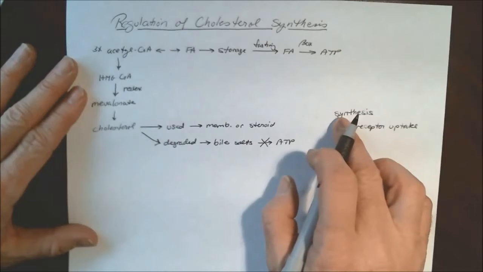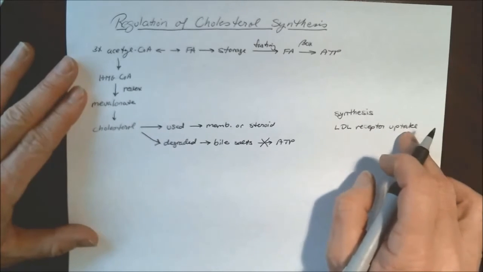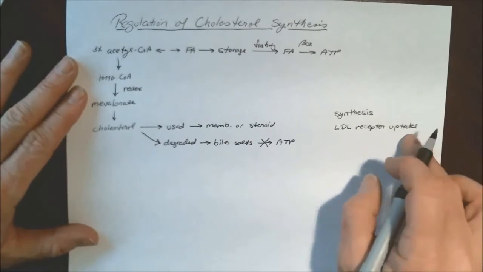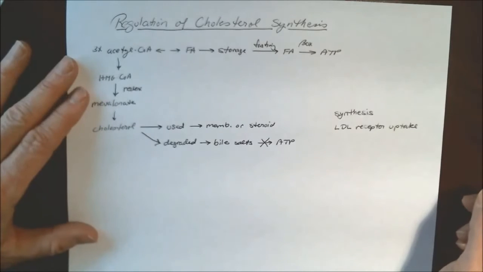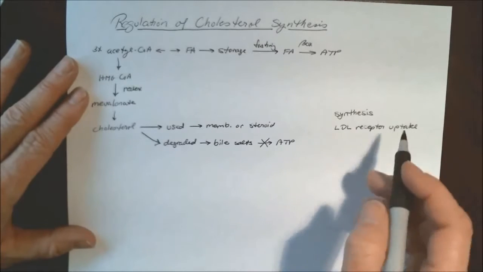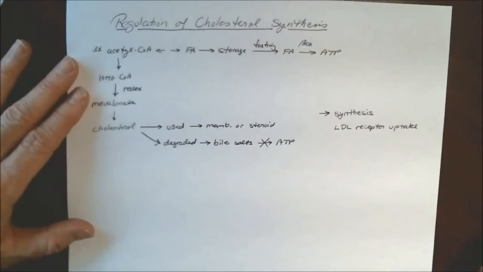So synthesis is biosynthesis. LDL receptor uptake is taking what is in the environment, into the circulation, into the liver cell, and that is a form of taking up cholesterol and degrading it or repackaging it. Now, synthesis is what we need to control primarily because of the energy that we put into it.